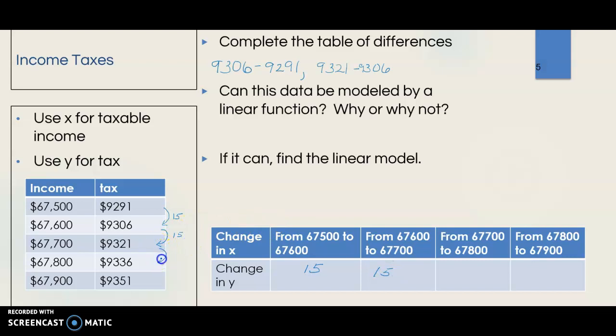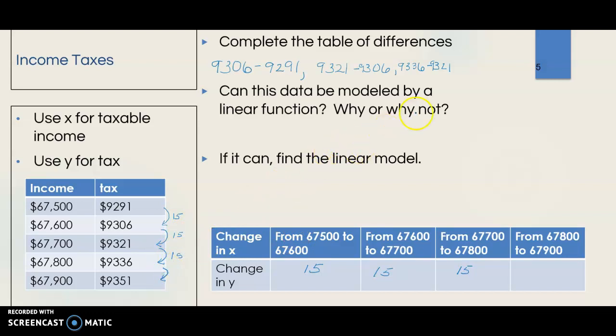So we have 9336, subtracting from that 9321. And again, we get a value of 15. And so this is looking very promising as we see all of these matching. That has some meaning to us.